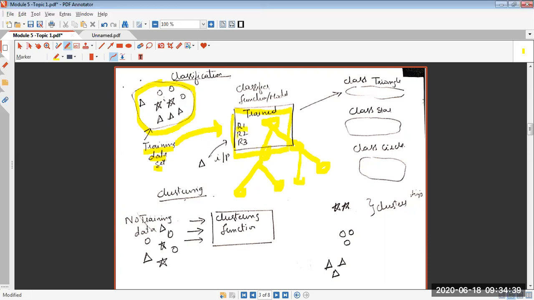It will start building rules R1, R2, R3. Now, how the decision tree was constructed, how the rules were constructed, it was based on the previous observation. It was based on the training data. Okay, that is why classification is supervised. It is based on training, where a model is built.